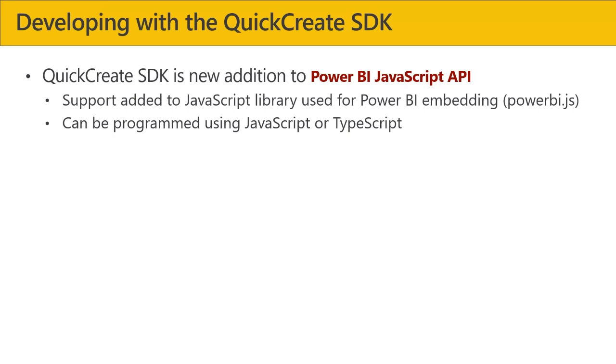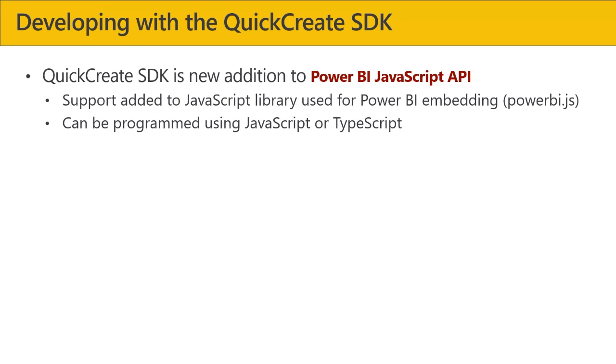Now, what I want to step through here is getting up and running with what we call the Quick Create SDK. If you've already done any Power BI embedding, you're already familiar with the library that we're using, powerbi.js, or what we call the Power BI JavaScript API, and you can program against it. You just need the newer edition that has this support.